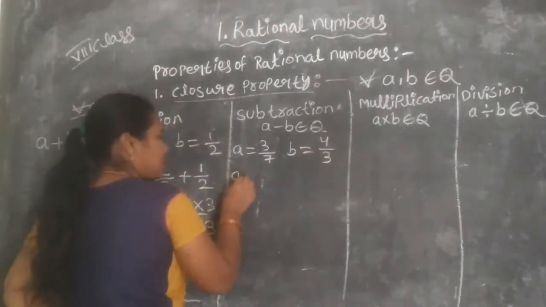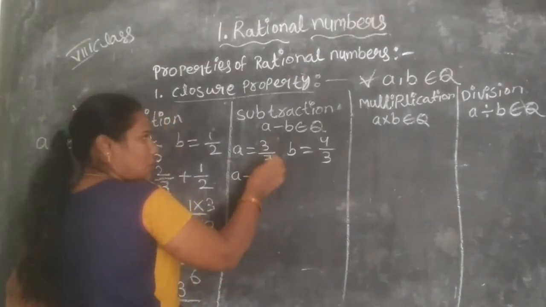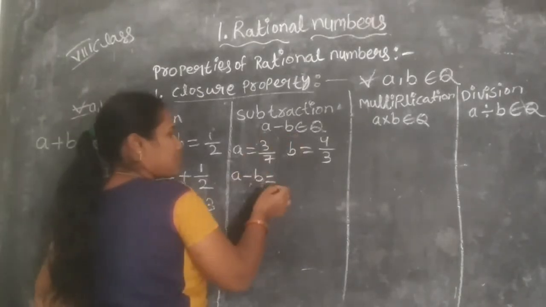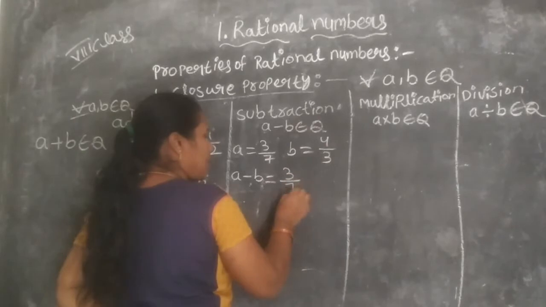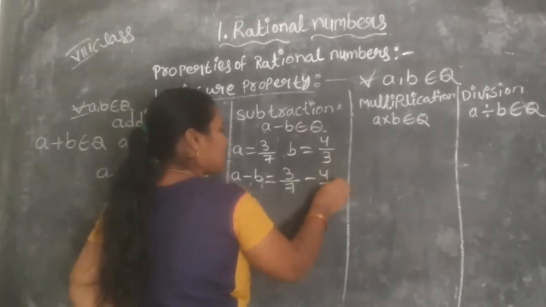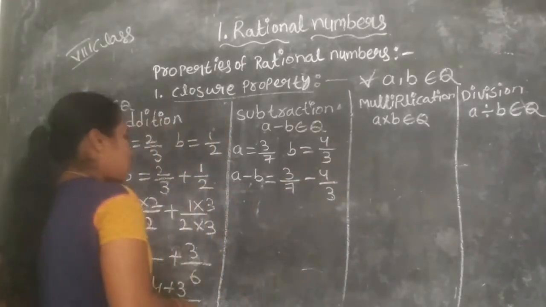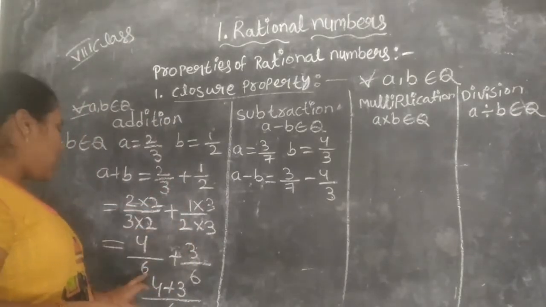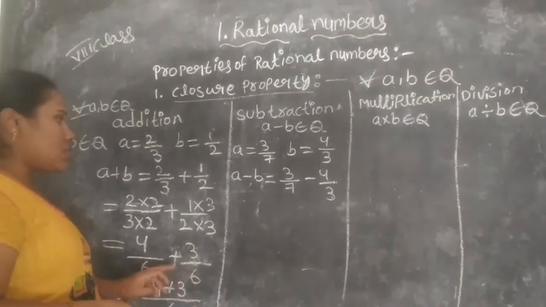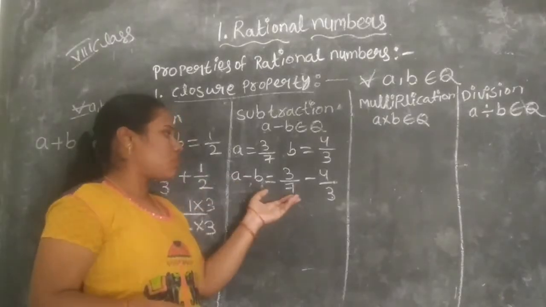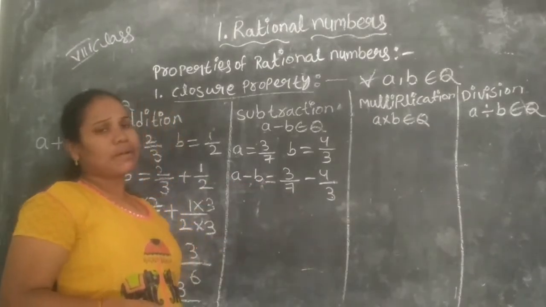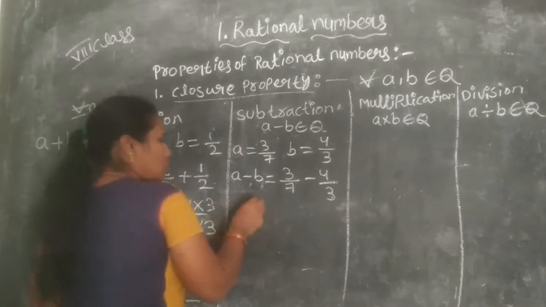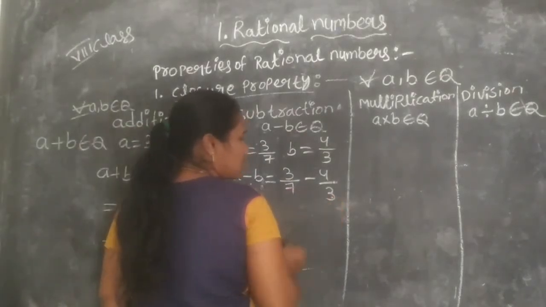Just do the operation a minus b. A means 3 by 7 and b means 4 by 3. Just look at this. For addition we equalized the denominators, so for subtraction also we have to equalize the denominators. Here is the 7 and here is the 3.